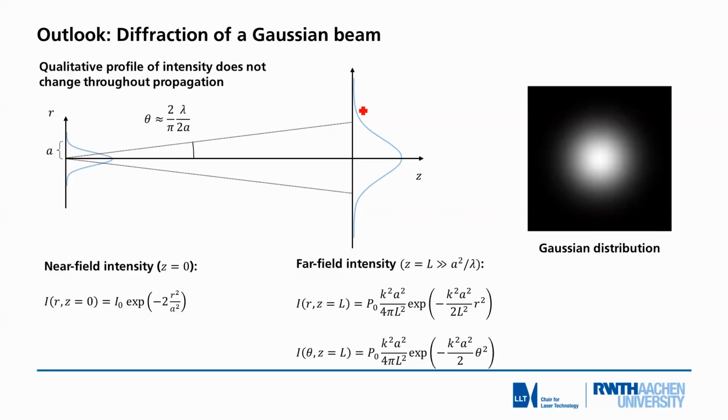We have just the approximation of a diminishing electric field with large distances from the optical axis. And the important thing is that this Gaussian beam distribution does not change along its position on the optical axis z. It always stays a Gaussian beam. This is important because we will need it when we describe lasers.